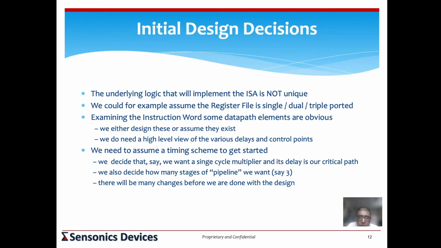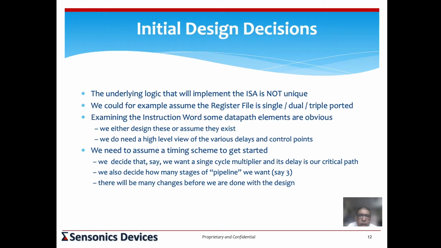You can have different pieces of logic which will implement the same ISA. It's good in a way because it allows you to be innovative, and two microprocessors implementing the same ISA could have vastly different footprints depending on how cleverly you are able to do your design, and how well you're able to set up the underlying logic. The flowchart will help you to improve it, but your innovation plays a big role.